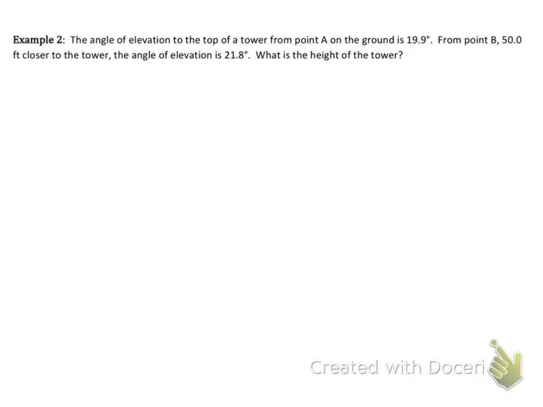All right, the angle of elevation to the top of a tower from point A on the ground is 19.9 degrees. So that means I need a tower. I'm just going to draw a straight line for my tower. But we know it's a tower because I'm going to label it as T for tower. Nailed it. All right, now we have point A somewhere out here.